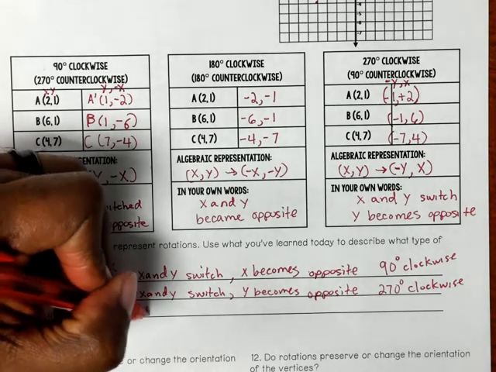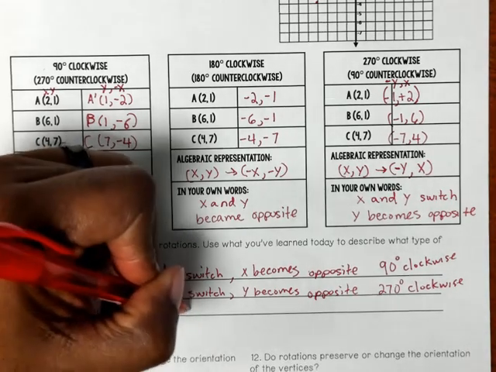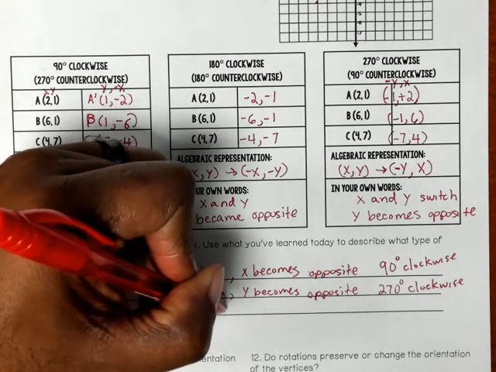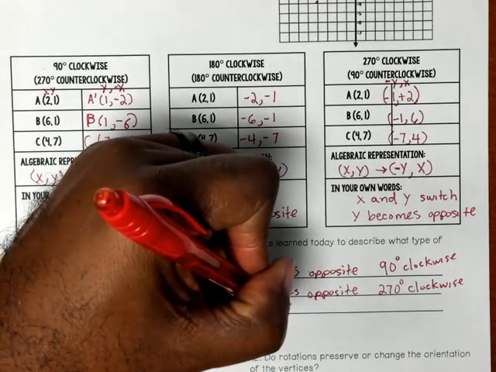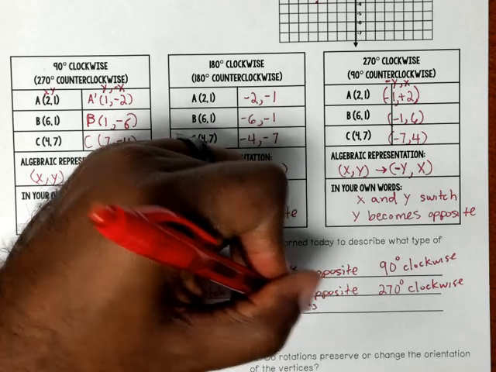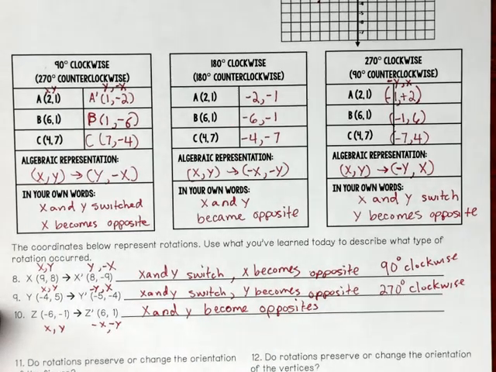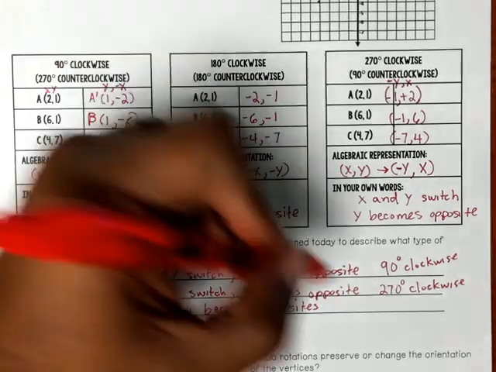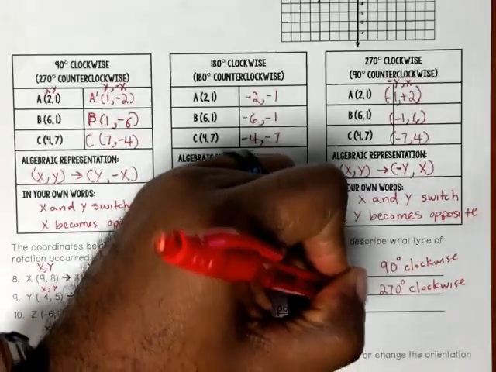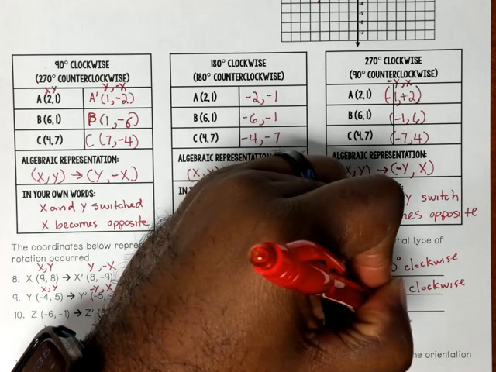So this says X and Y become opposites. And the one that says X and Y become opposites is 180 degrees clockwise. So 180 degrees clockwise.